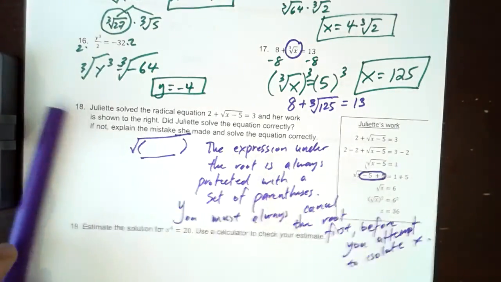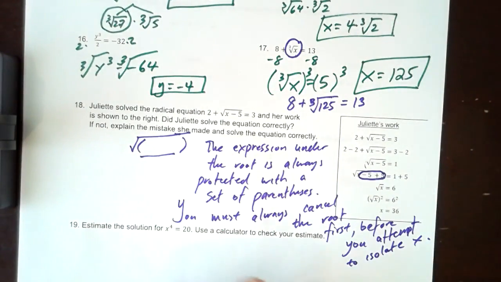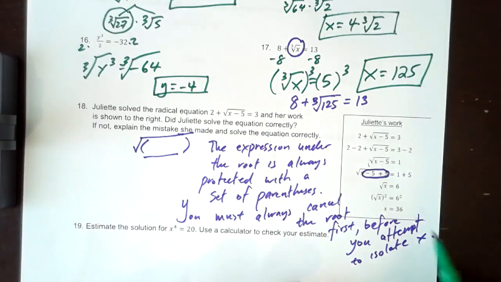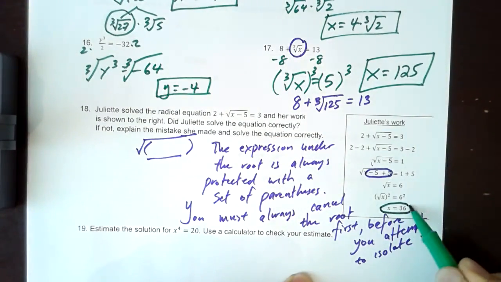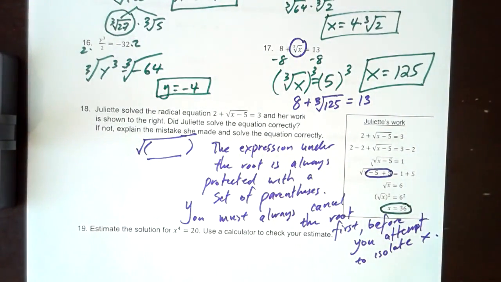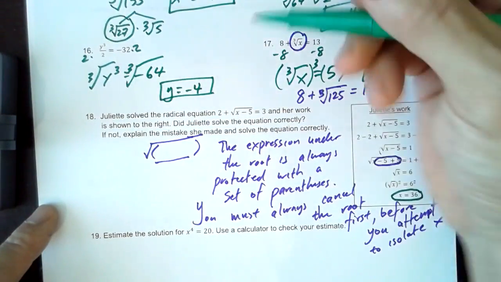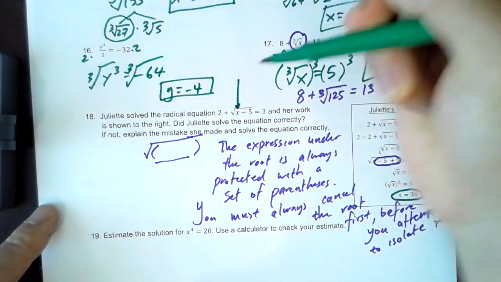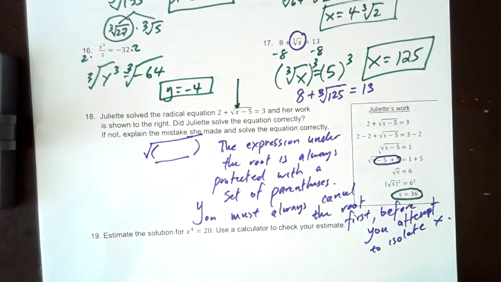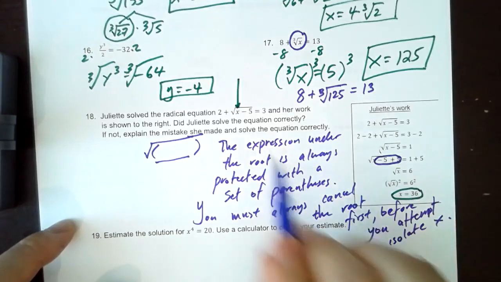Now, one other thing that I want to point out is, like I just said before in the previous question, let's say you did get x equals 36, right? Let's say this was a test or quiz. Try plugging it back in here. If your answer does not work, then you obviously know that your answer is wrong.